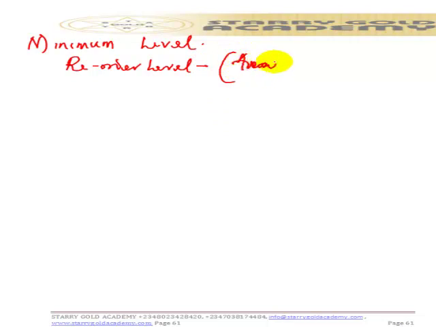Minimum level is given as reorder level minus the average usage times average lead time.